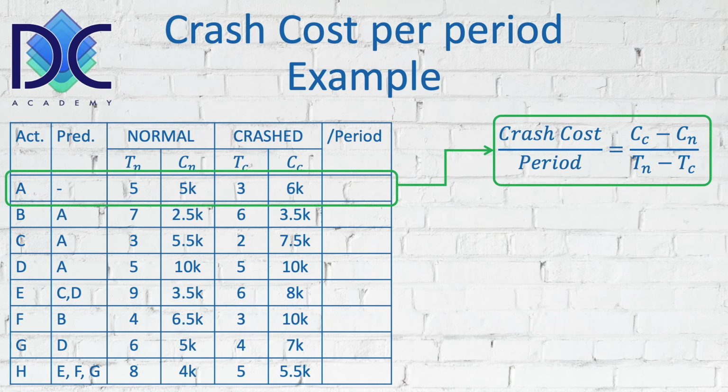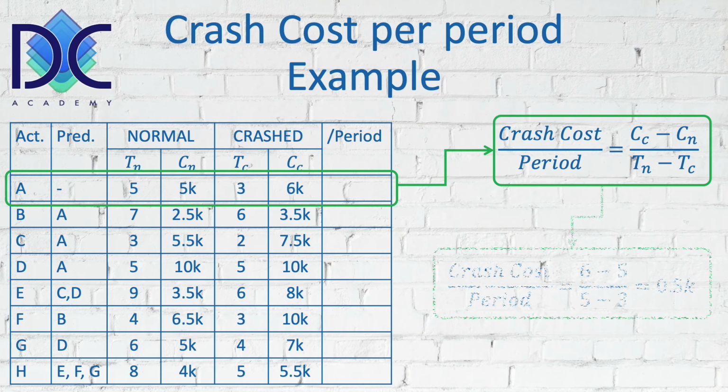For the first activity, what do we see? We see that the normal duration is 5, the crash duration is 3, which means that we can crash activity A by 2 periods, and the cost goes from 5K to 6K. Now, the crash cost is always higher than the normal cost. Otherwise, we have a problem and there must be something wrong.